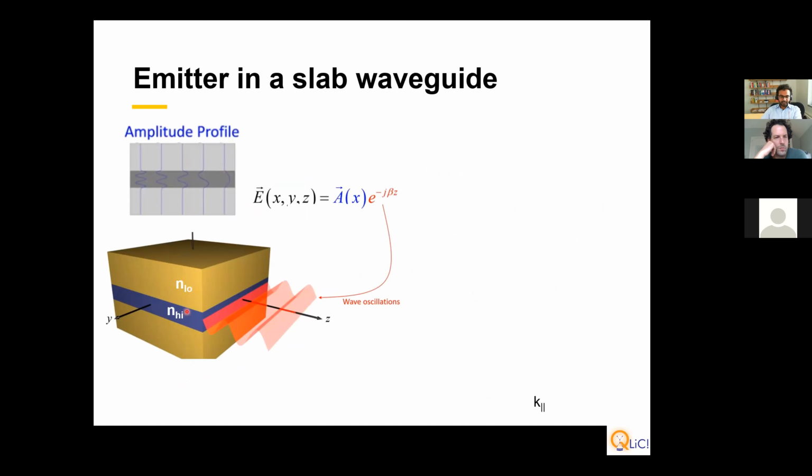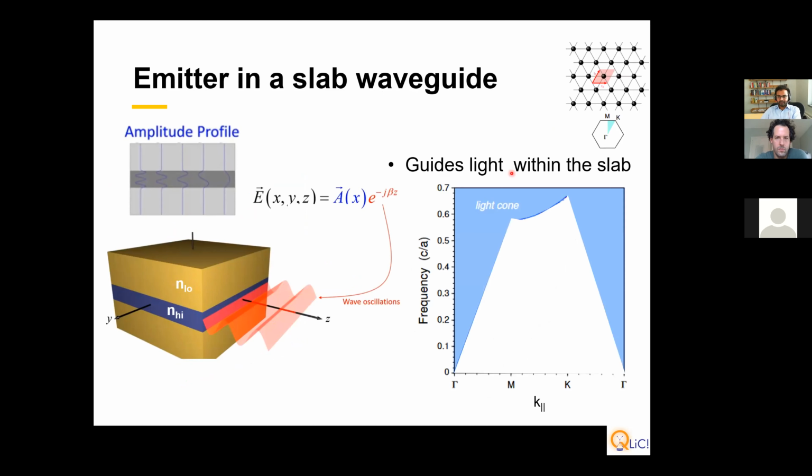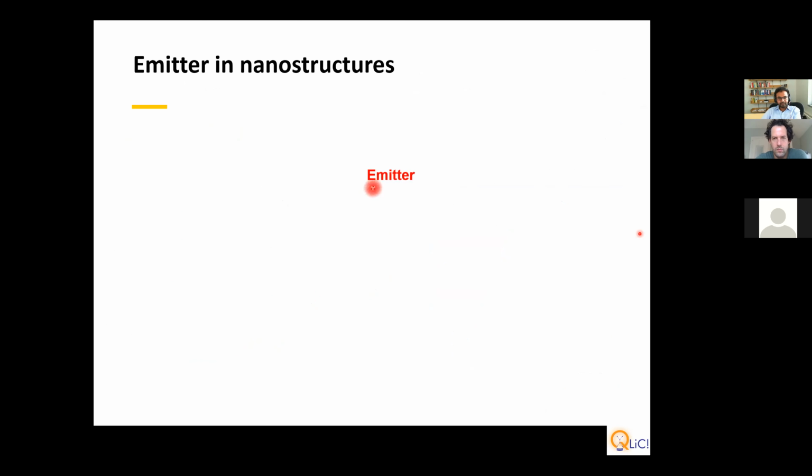So we can engineer the thickness of the slab, and you can guide the light to propagate just within the slab. So instead of propagating all over the place, we have the light propagating in the plane of the slab. So we are restricting some portion of our K space, or wave vector space.